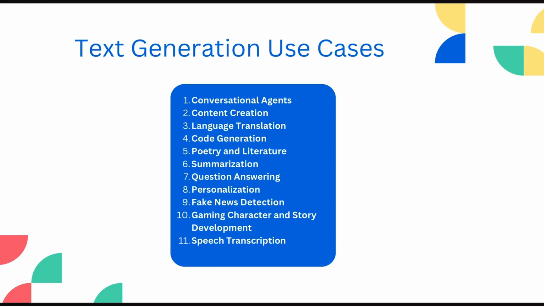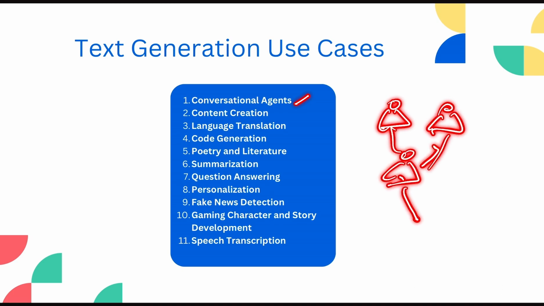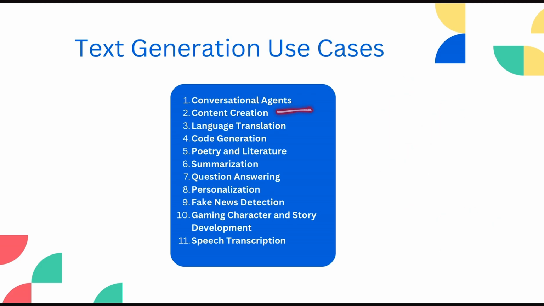So what are the use cases of text generation? Conversational agents, content creation. Conversational agents are like, I can have different sets of agents or bots that can actually interact with each other and give me an output, right? This output is driven by these agents. You can have content creation like blog generation or writing an article.